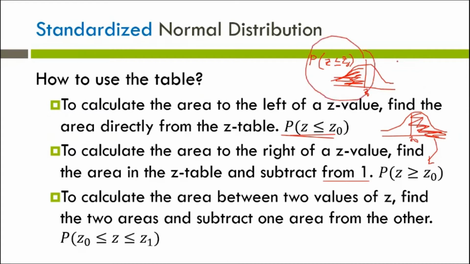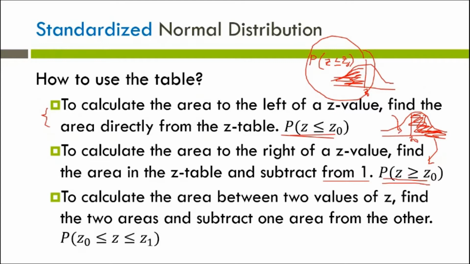So if the table only refers to this one, then how do we find this? Our table can only refer to the first usage, when z is less than or equal to z sub 0. So to get the area to the right of a z value, we have to subtract that area from 1. We'll get the area here first and subtract it from 1.